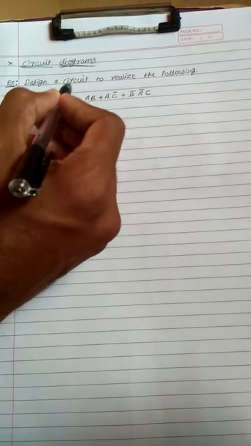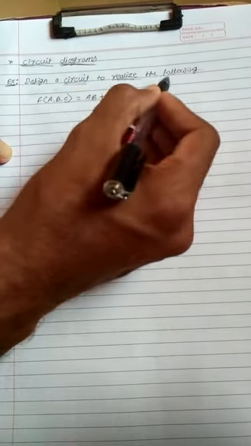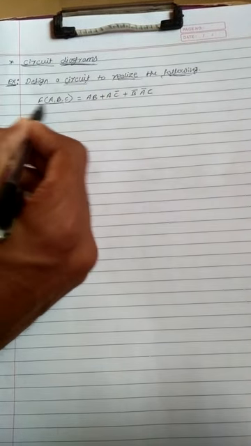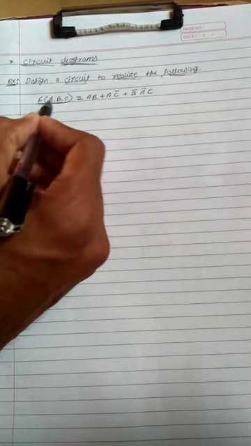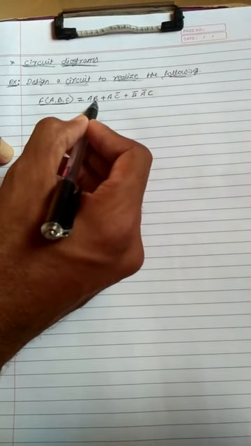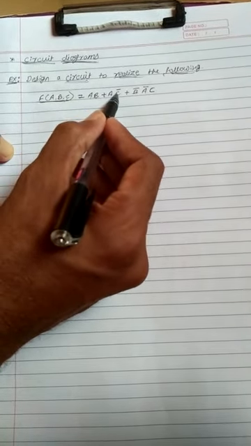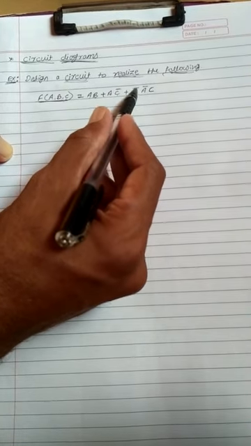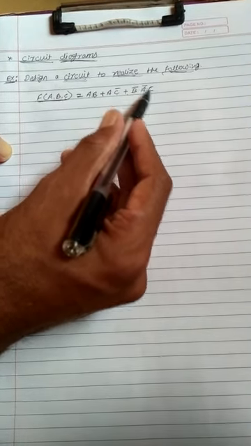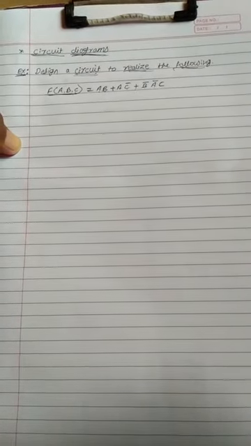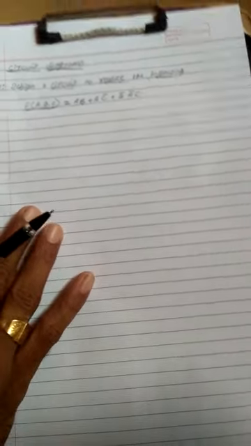F of ABC is equal to A into B plus A C bar plus A bar B bar C. This is the one expression. Using this expression, we have to draw the logic circuit diagram. One by one, I will explain how to draw it.